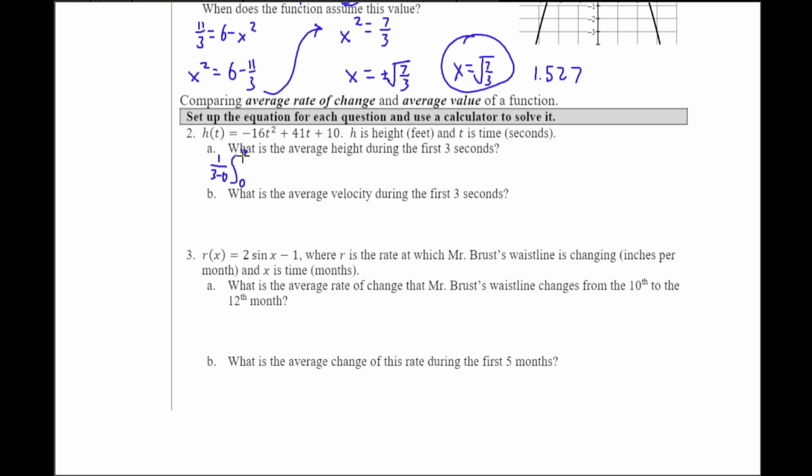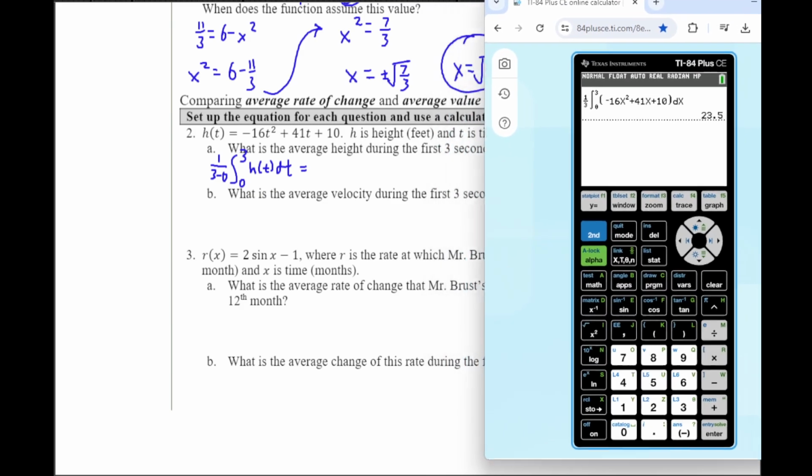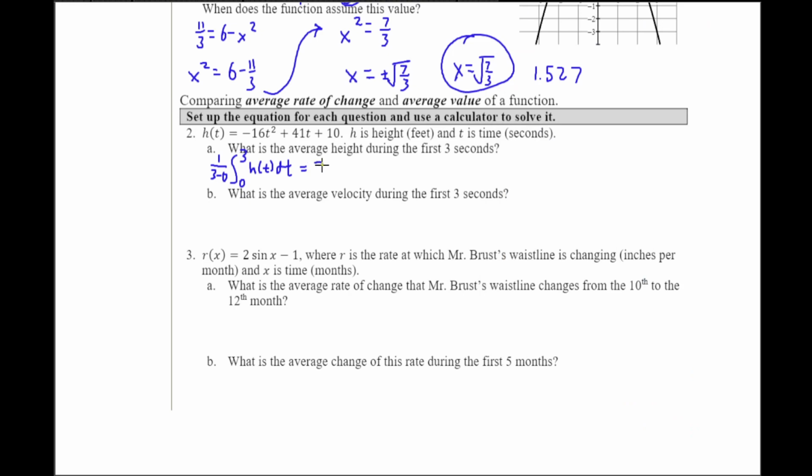Integral 0 to 3, h of t dt. If you put this into the calculator, 1 over 3 times the integral of 0 to 3 h of t, we're just using x's, you get an answer of 23.5. So we can write that down.